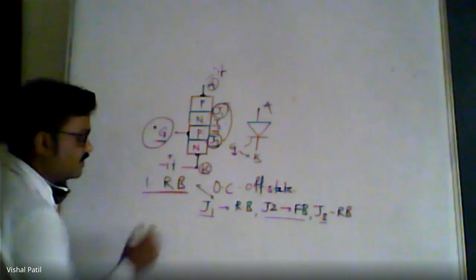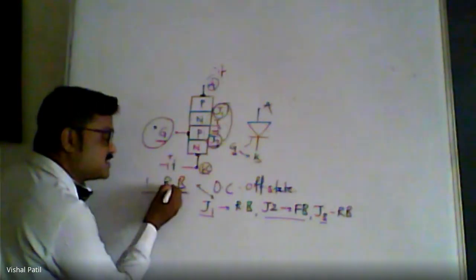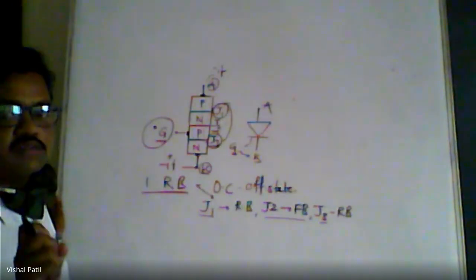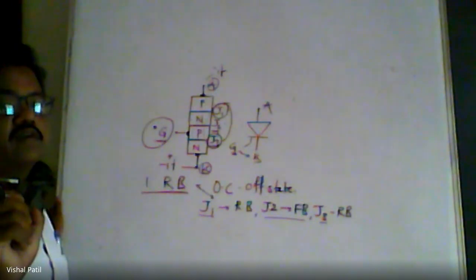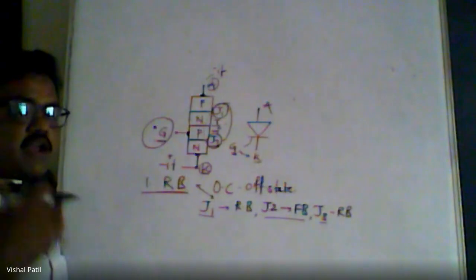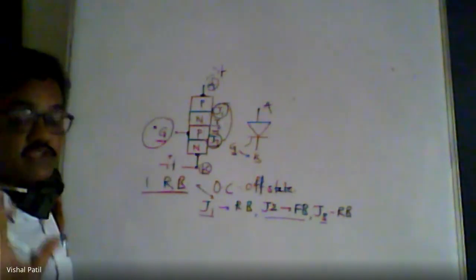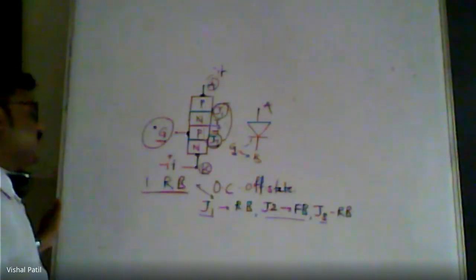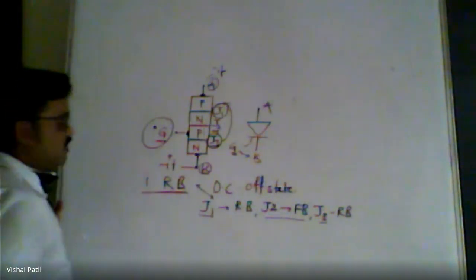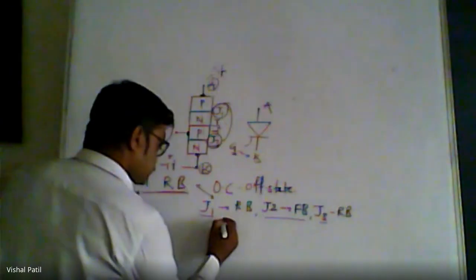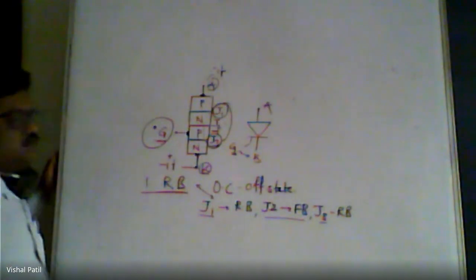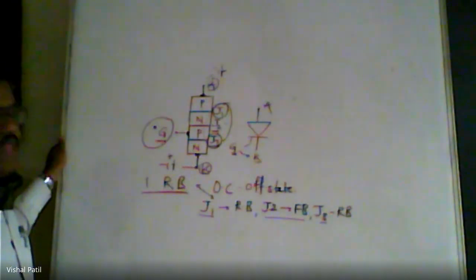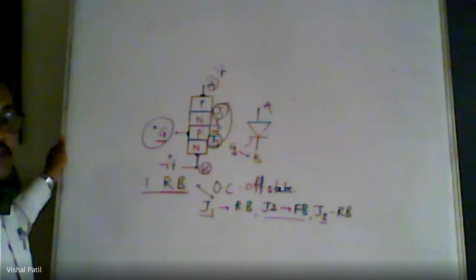More importantly, this is not only reverse bias but reverse blocking. It will allow a very small reverse current, but it will block the reverse voltage. That voltage we call the reverse blocking voltage, and its magnitude is very high.